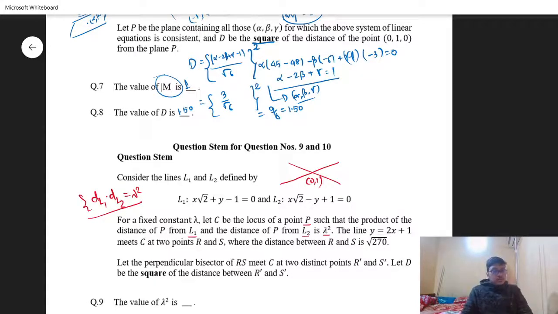This locus is nothing but a hyperbola, because recall from the concepts of conics that if the product of the distances of a point from two lines is constant, then the locus of the points will be a hyperbola or two hyperbolas, two sets of hyperbolas like this, of the same eccentricity.